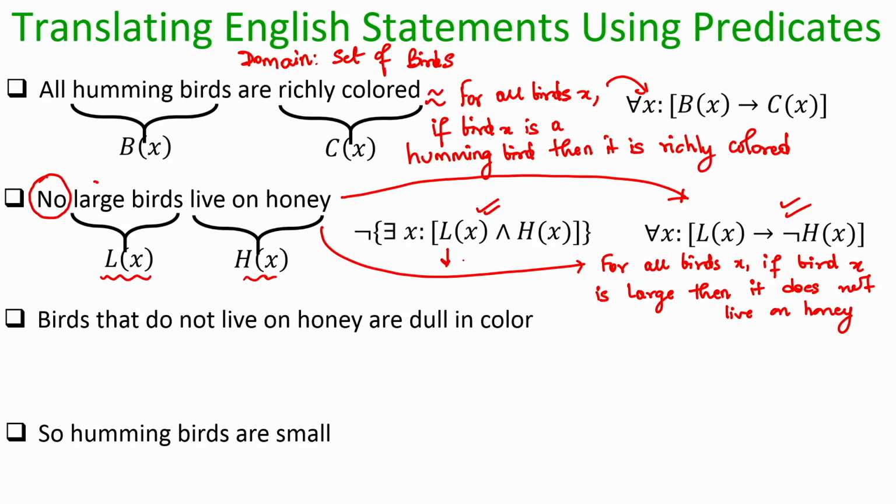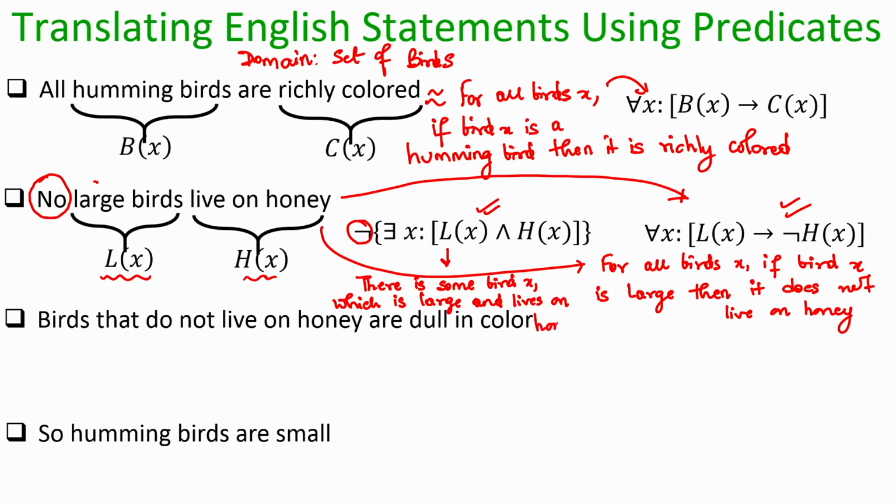So, for the moment forget about this negation which is present outside. Let us try to understand what exactly there exists x, L of x conjunction H of x represents. This represents that there is some large bird, some bird x which is large and lives on honey.